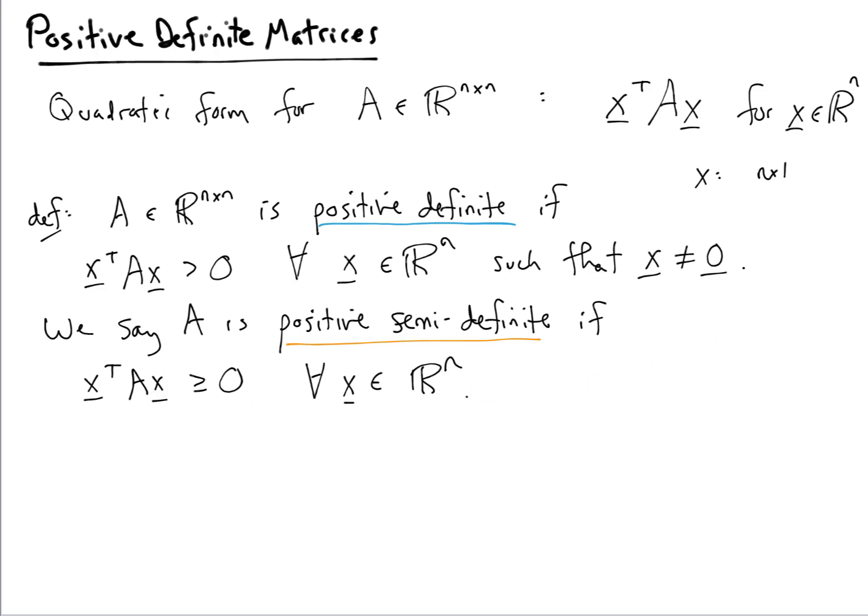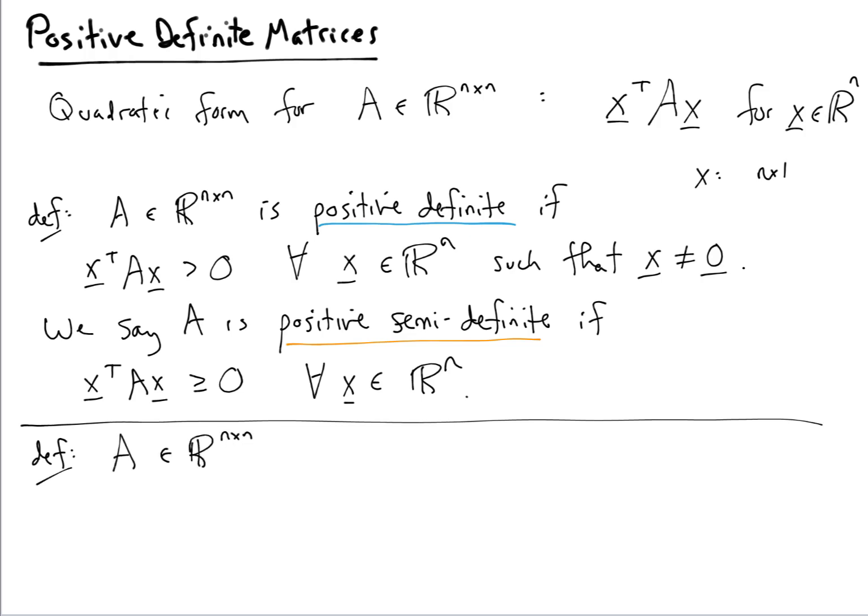Another key definition that comes up regularly with positive definite matrices is the definition of matrix symmetry. So we say A, again, an n by n real matrix, is symmetric if A is equal to its transpose.